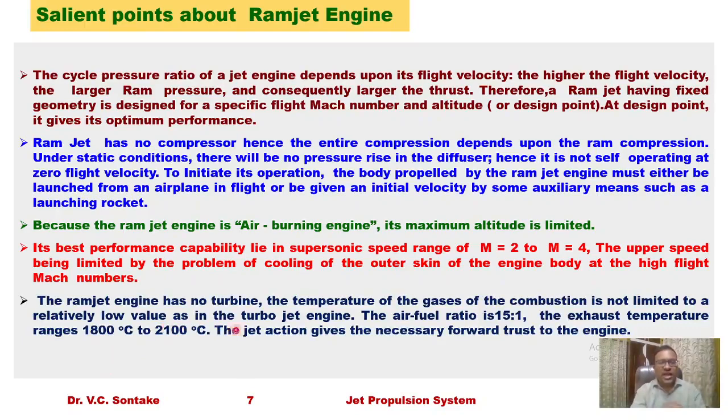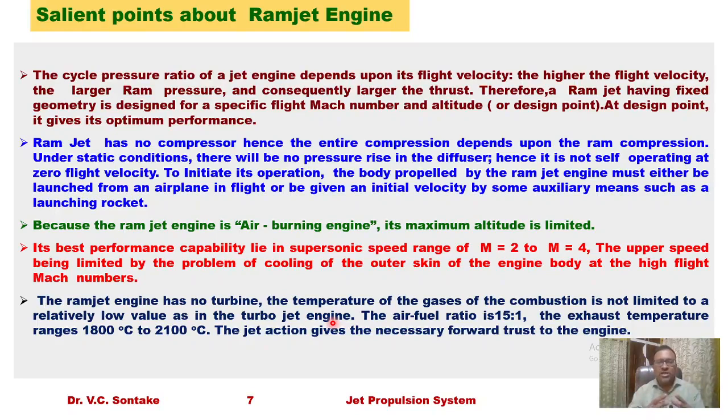The ramjet engine has no turbine. The temperature of the combustion gases is not limited to a relatively low value as in the turbojet engine. Since the turbine is the device where high pressure and high temperature gases are expanded, and because of the limitation of the turbine blade materials, we cannot make the high temperature gases expand in the turbine to a higher value.